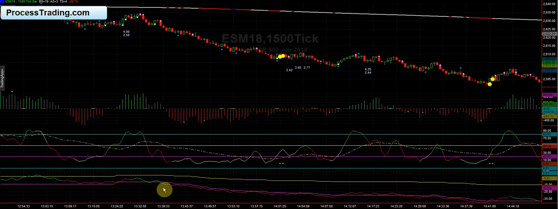It doesn't have hard upper and lower bounds. The lower bound is starting to angle down now, so the channel itself fluctuates with the trading activity that's taking place. So that is a quick analysis of the Intergy indicator.